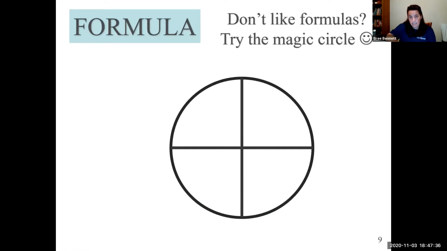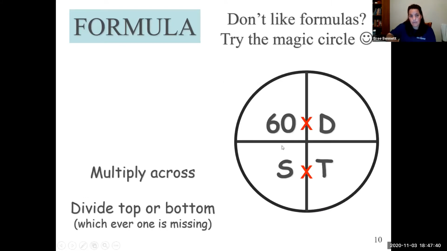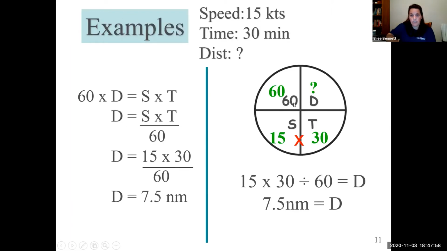And then Captain Kevin was talking about the magic circle. For my magic circle, I have the 60 in it so that we can use time in minutes instead of hours. For the magic circle, we multiply across and divide by the bottom. If we just have one missing thing, that's fine. So let's see here.